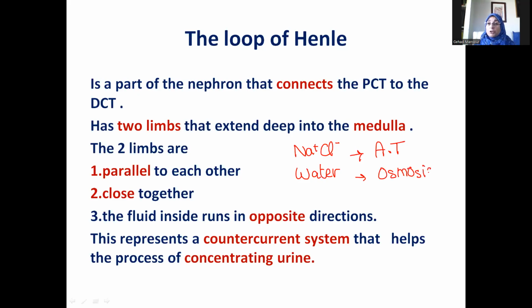So what's the relation between this and the loop of Henle being a countercurrent system? I would like to emphasize that the loop of Henle would concentrate urine whether it were a countercurrent system or not.